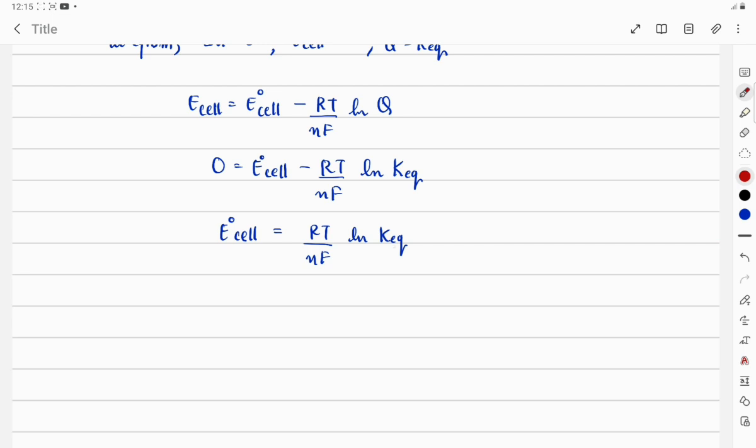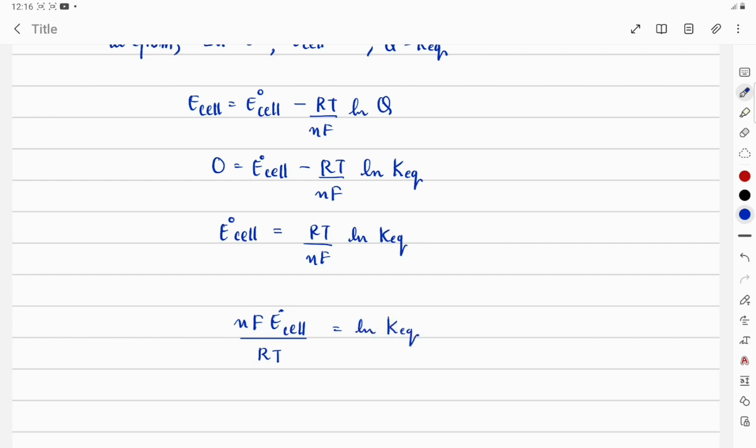Since we have to find what K equilibrium is, let's take all the terms to the other side. We will have NF E0 cell divided by RT is equal to ln K equilibrium.